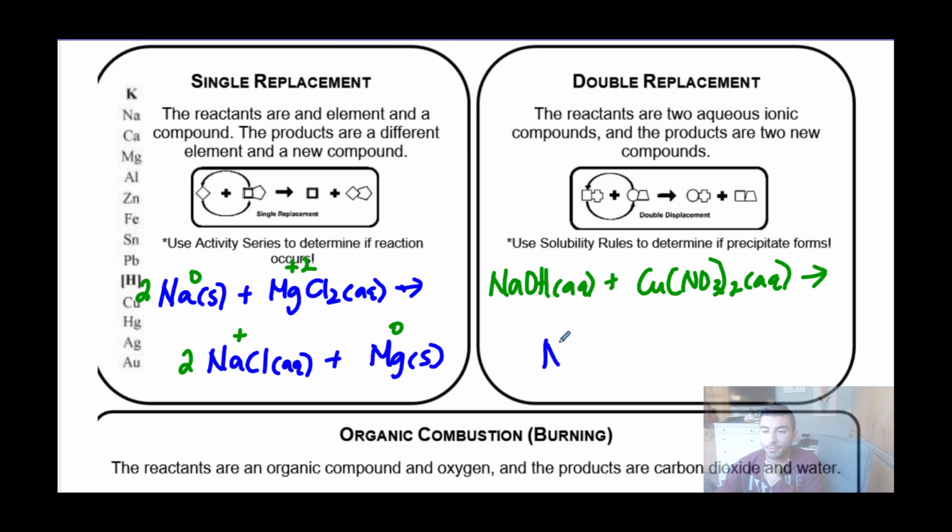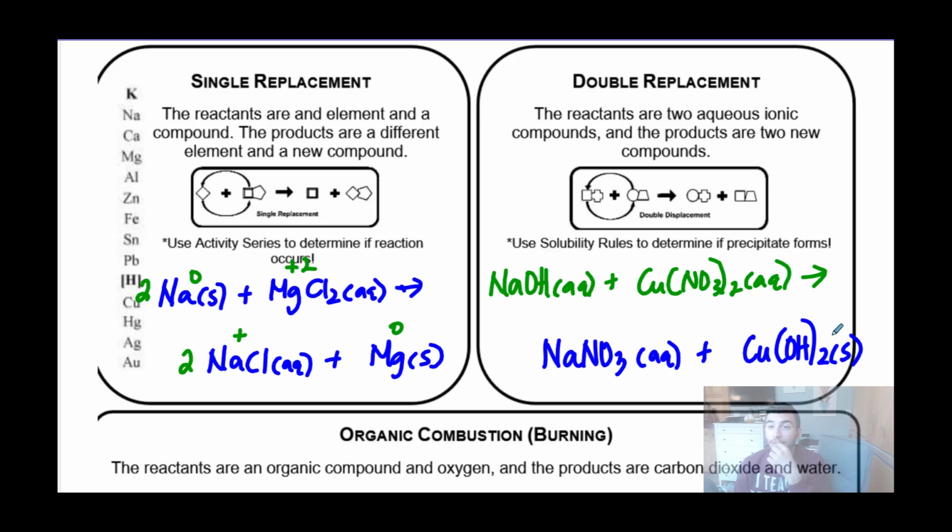So my two possible products are going to be sodium nitrate, which has the formula NaNO3. Remember, charges and rebalance to 0 if you have to. And then copper 2 hydroxide. This reaction happens because the copper 2 hydroxide is a precipitate. The sodium nitrate will form and will just dissolve in solution. We don't see it forming as a solid because the whole thing's happening in water.